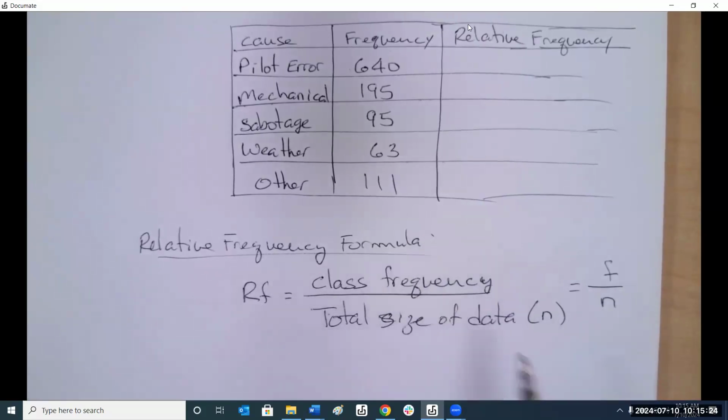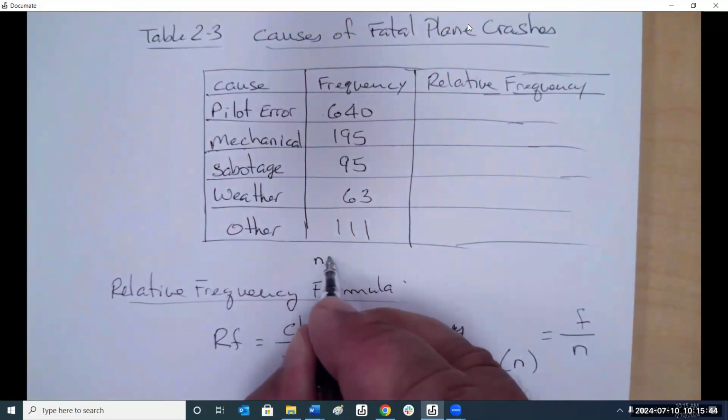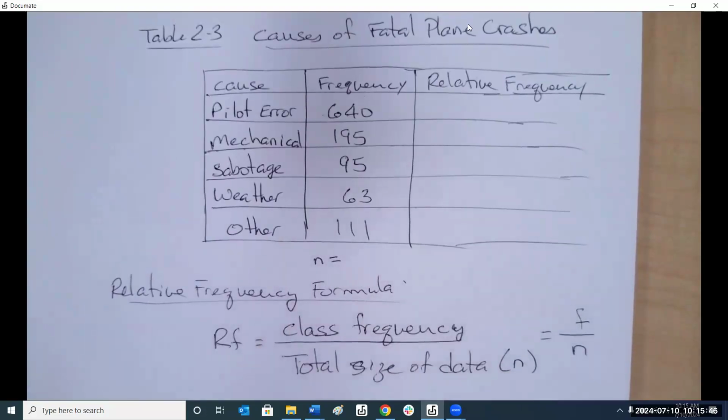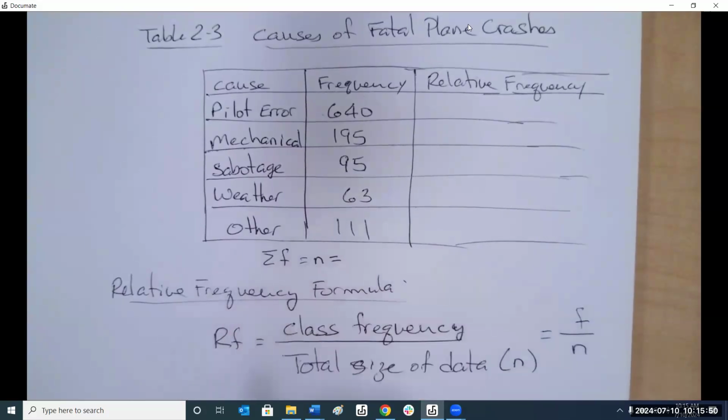So in our example here, the airplane accident one, what's our N? Add up all the frequencies. Remember, the formula for N is the summation of all your frequencies.